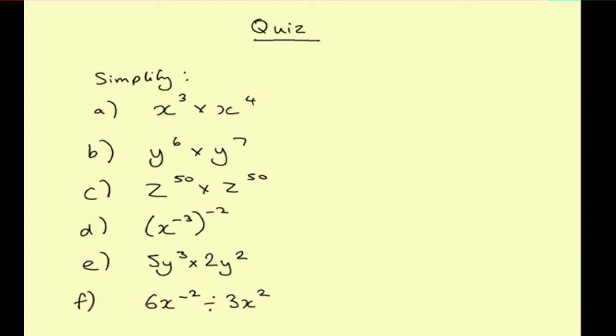D, x to the minus 3 all to the minus 2. E, 5y cubed multiplied by 2y squared. And F, 6x to the minus 2 divided by 3x squared. If you don't want to know what the answers are, press the pause button on your DVD player now.